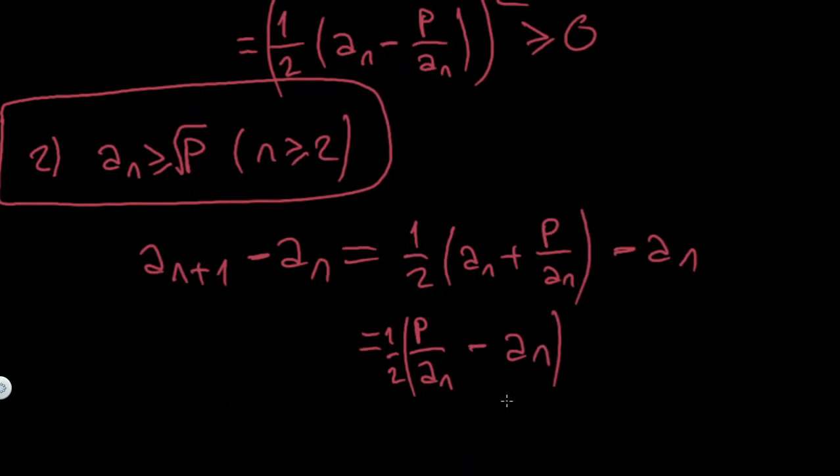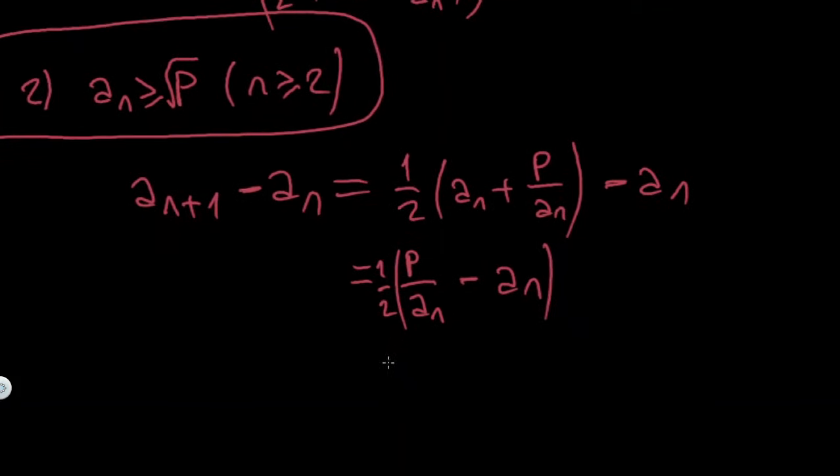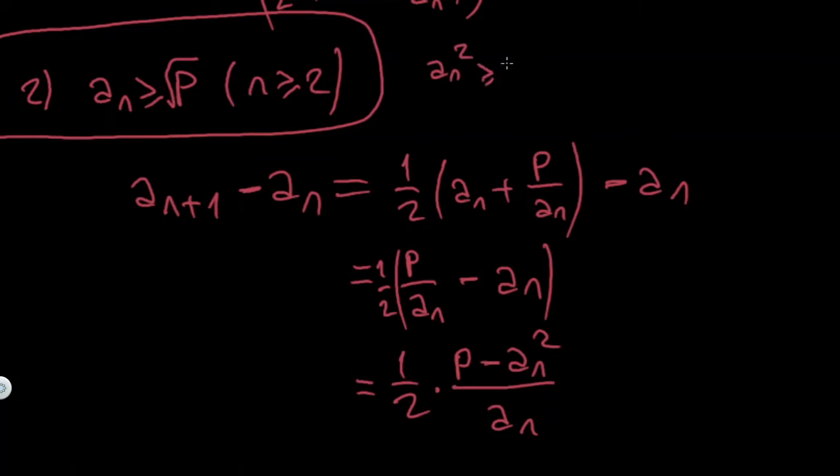And if I look at my first result, if I just multiply both sides by an, it's going to be 1 over 2 times p minus an squared over an. And from this result, I know that an squared is greater or equal than pi.